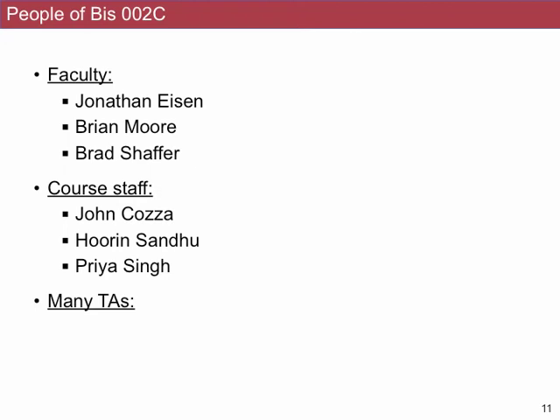He's coordinating the labs, but he also knows a lot of the details about things like when the labs are going to be, how to sign up for various things. Corin Sandhu over there in the corner is going to handle registration things. So if you have particular requirements related to CRN numbers and things like that, she's the person that you should go to. And I'm going to turn it over to John, who's going to introduce the TAs who are here and tell you a little bit about the lab.